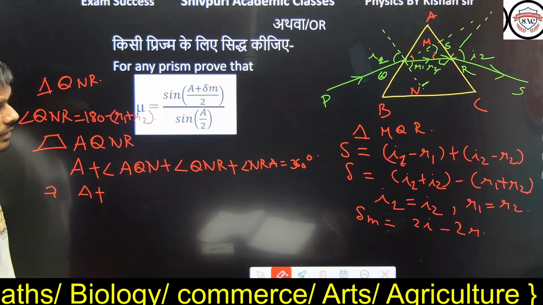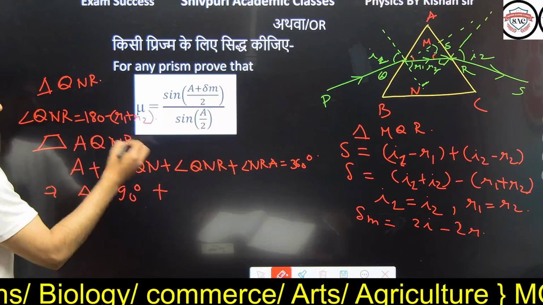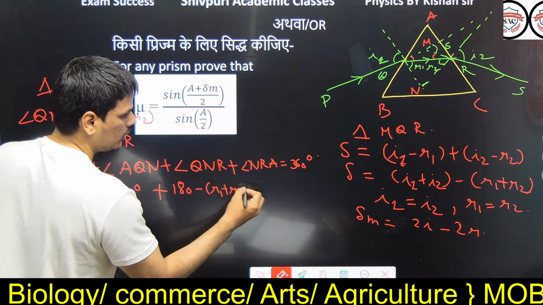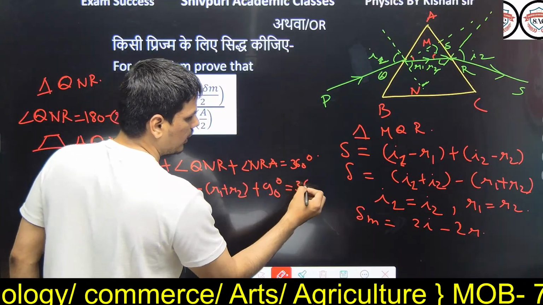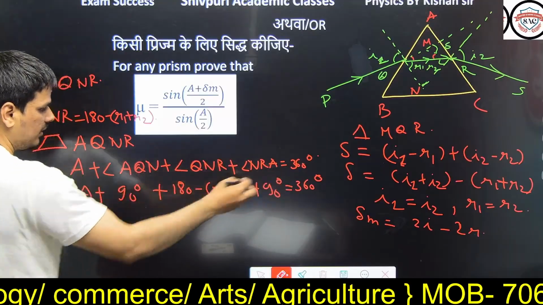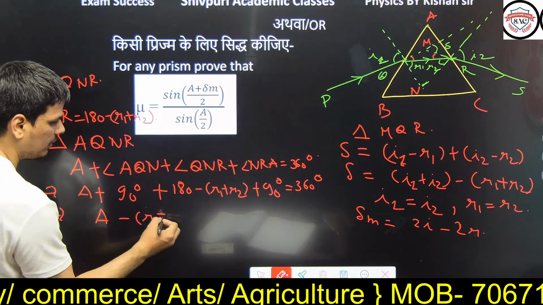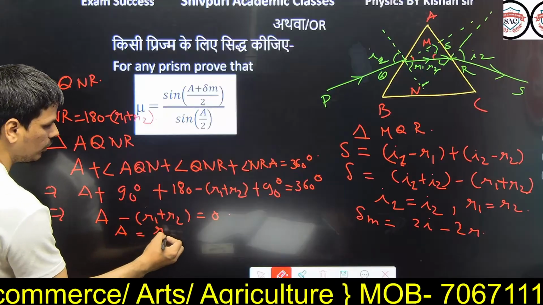Angle AQN is a normal, so it should be 90 degrees. QNR is 180 minus (R1 plus R2). NRA is also a normal, so it should be 90. This gives 360, so we have A minus (R1 plus R2) equals 0, or we could write A equals R1 plus R2.